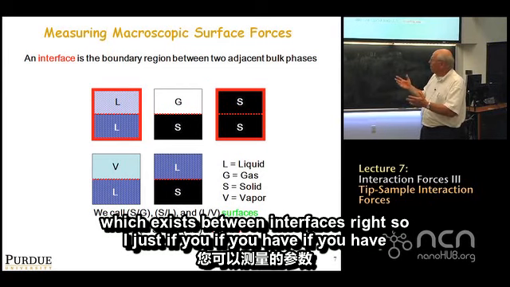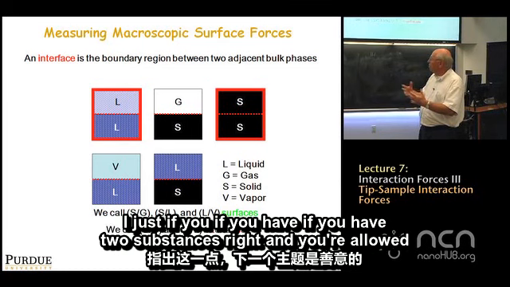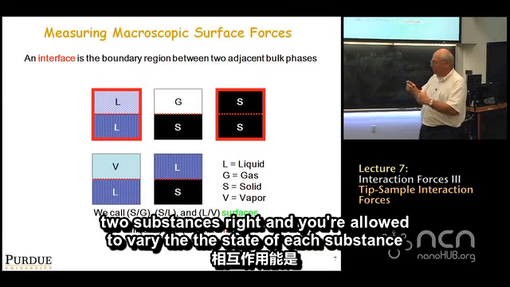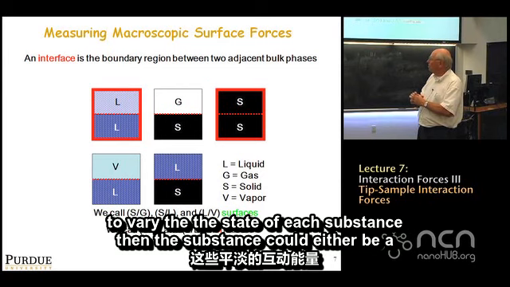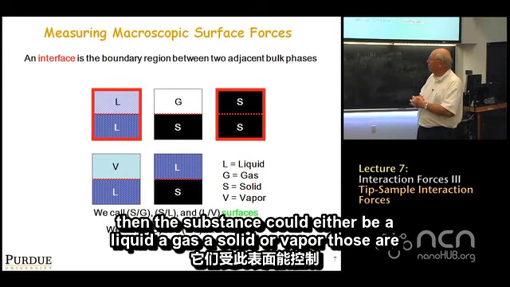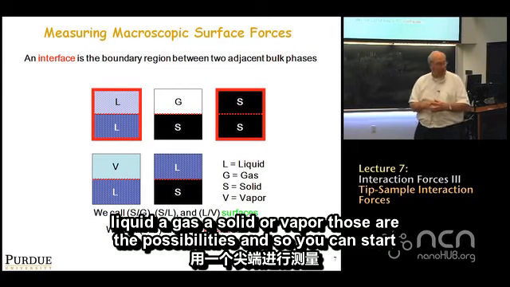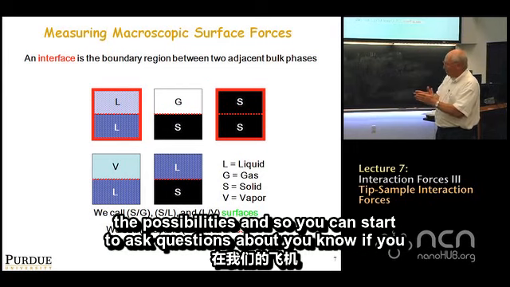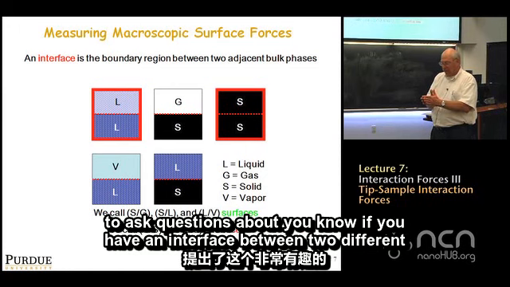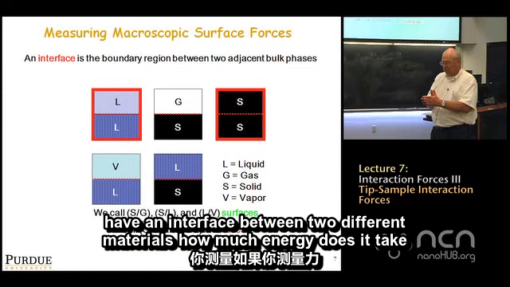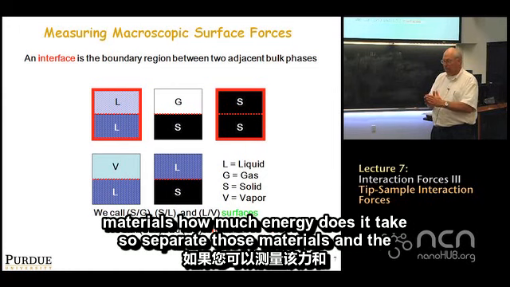If you have two substances, and you're allowed to vary the state of each substance, then the substance could either be a liquid, a gas, a solid, or a vapor. Those are the possibilities. And so you can start to ask questions about, if you have an interface between two different materials, how much energy does it take to separate those materials?